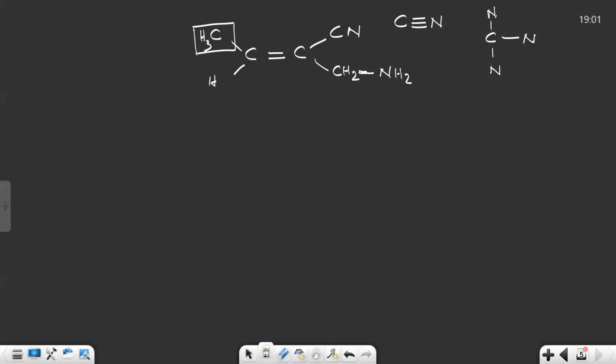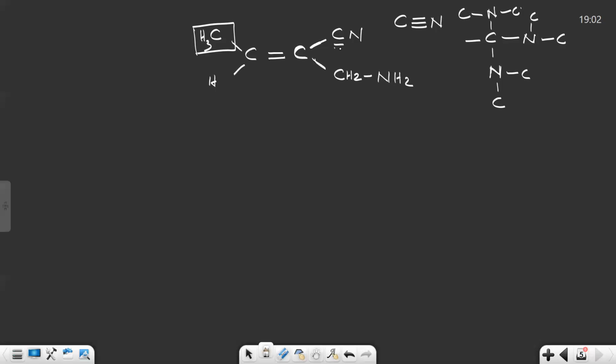So each nitrogen is attached with three carbon atoms. So here this nitrogen is now attached with only one carbon, so there are two carbons, and this nitrogen also two carbons, and here also two carbons. So this is actually the structure, and this carbon is attached to a CH2 group and NH2 group.